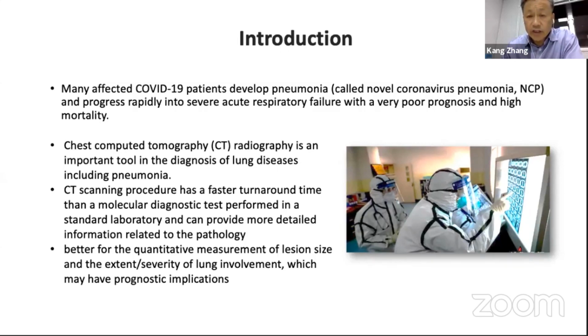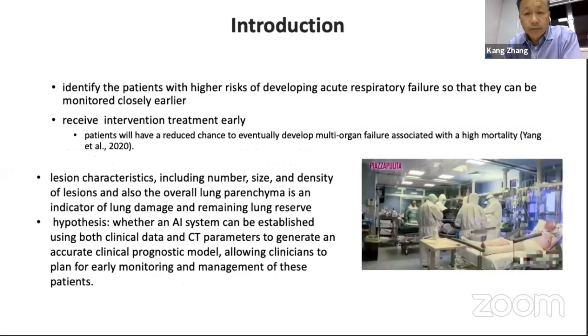In addition, CT can give you quantitative measurements of lung lesions. So with all those caveats, at least in China, at the initial outbreak, radiologists and hospitals had been focusing on using CT for diagnosis of COVID-19 pneumonia.